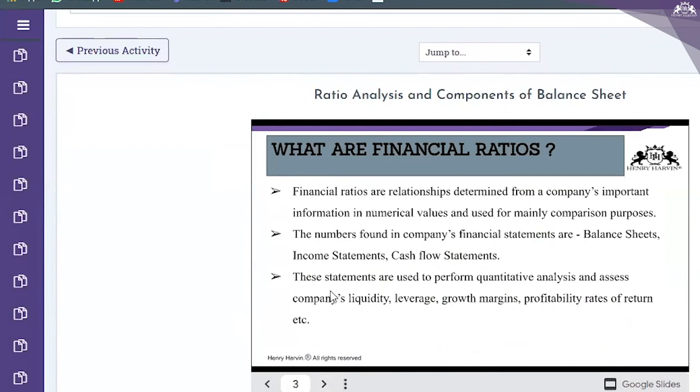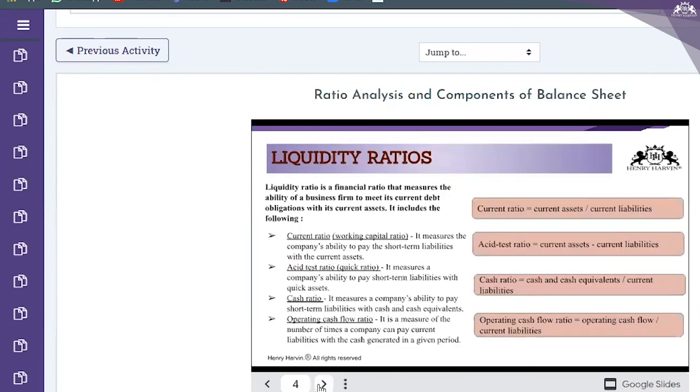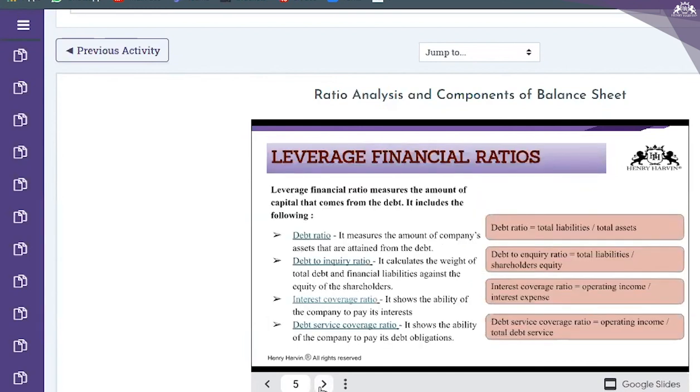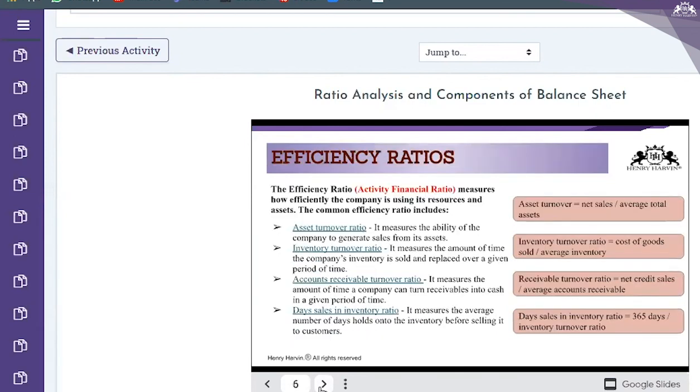Do the ratio analysis to assess companies' liquidity, leverage, growth margins, profitability, returns. Liquidity ratio: current ratio, quick ratio, operating cash flow ratio. These are various forms of liquidity ratio. Debt ratio: debt to equity, interest coverage, debt service. Efficiency: inventory turnover, accounts receivable, that means debtors turnover ratio.